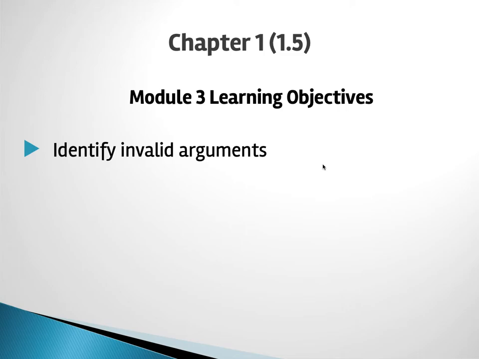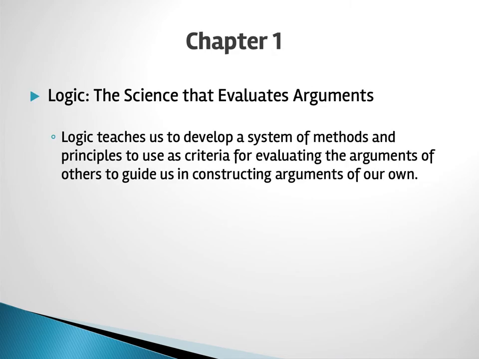Welcome. In this section, I'm going to be covering 1.5, and the objective here is identifying invalid arguments. So let's remember, logic is the science that evaluates arguments. Let's also remember that we have two general kinds of arguments: deductive arguments and inductive arguments.